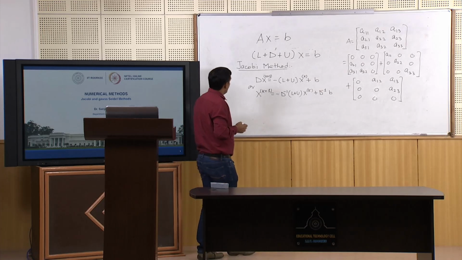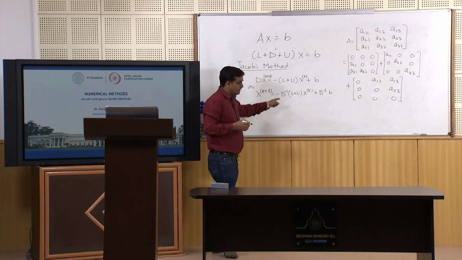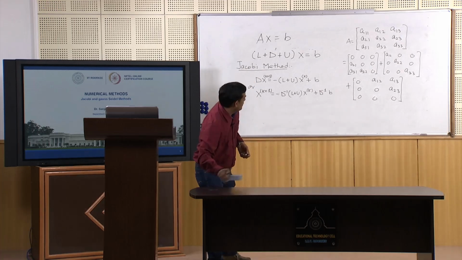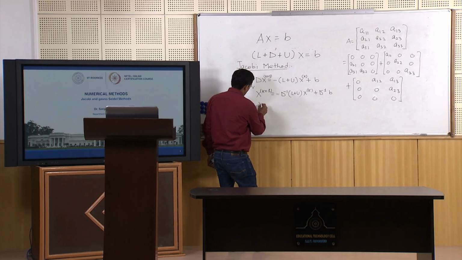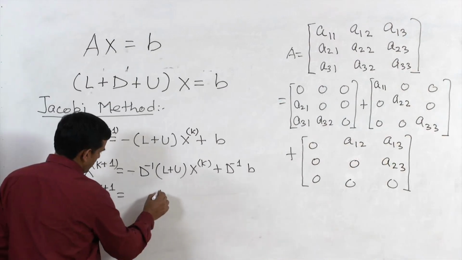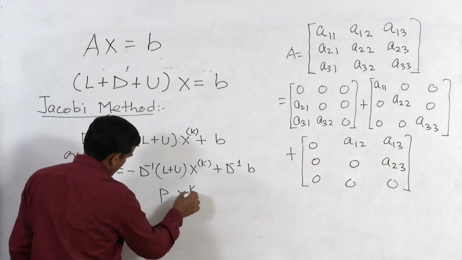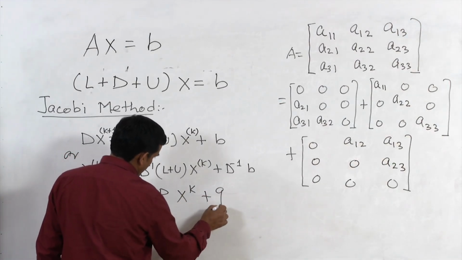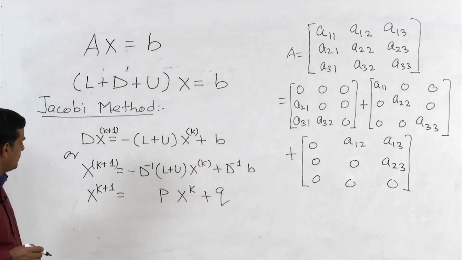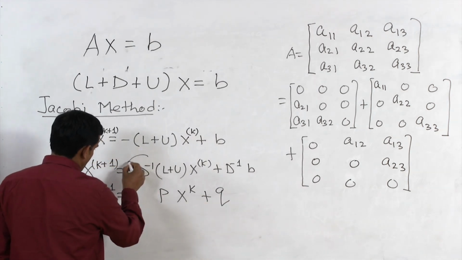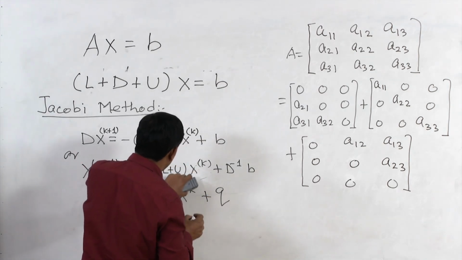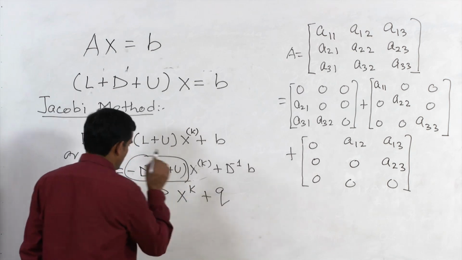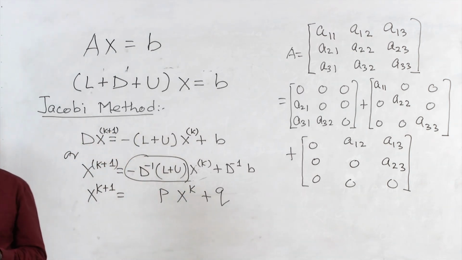Here, if I compare this particular scheme with the general formula of an iterative scheme, that is given by x^(k+1) equals P times x^k plus q, the iteration matrix P is given by this particular matrix.